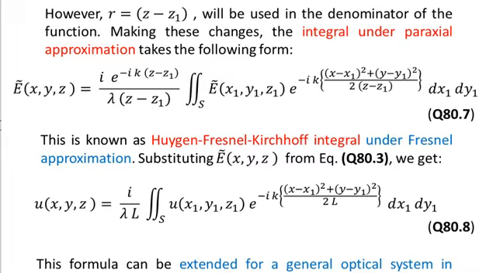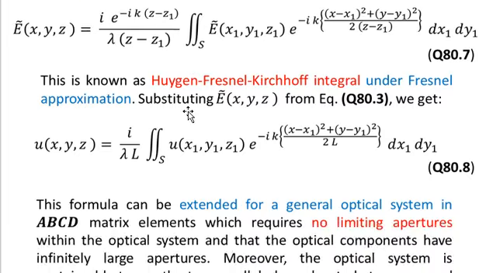So these two phase factors will be cancelled out, and e to the power plus iota kz1 will be cancelled out by the contribution of the phase from this term, that is e prime of x1 y1 z1 when presented in the form of u of x1 y1 z1. So the phase terms will be cancelled and we are left with this quantity.